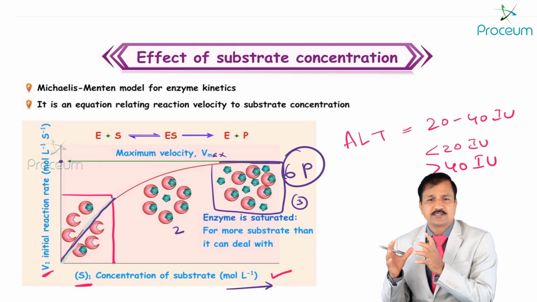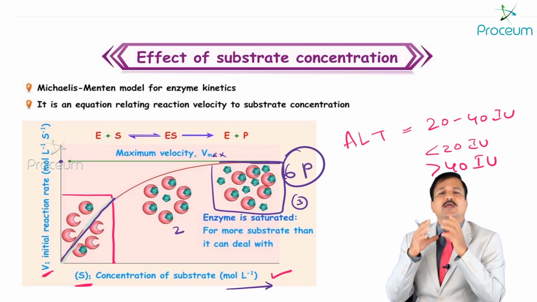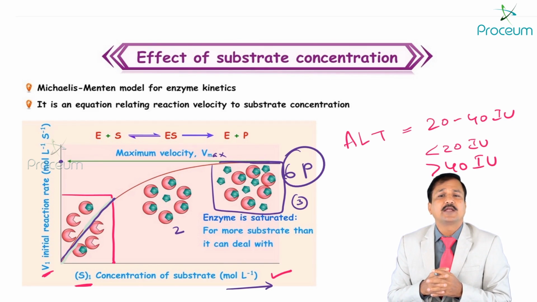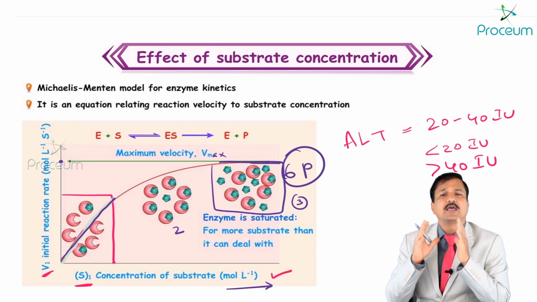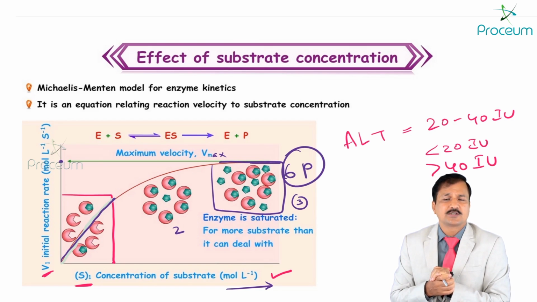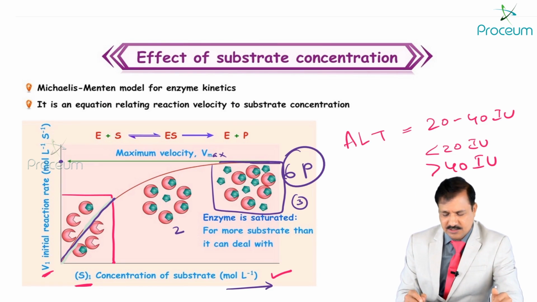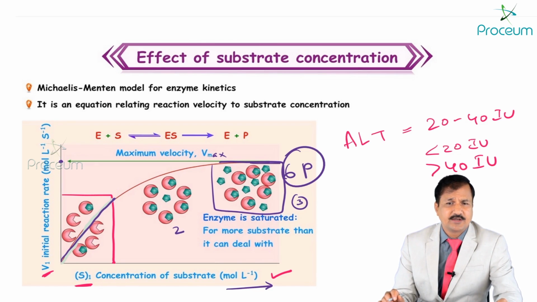Very few of our enzymes in our cells work at zero order kinetics, where the enzyme concentration is low, or they have low Vmax, and plenty of substrates are waiting. So the velocity of the reaction is independent of substrate concentration for them, because even if you go on increasing the substrate concentration, you cannot change the velocity of the reaction when the enzyme has become saturated, right?